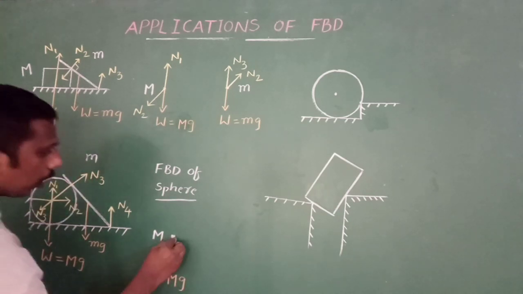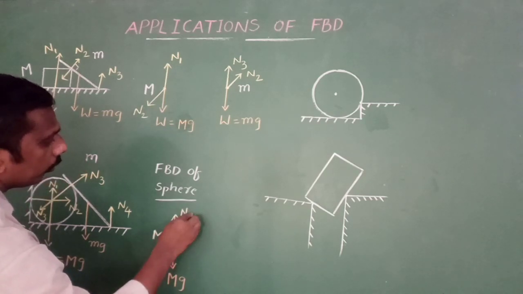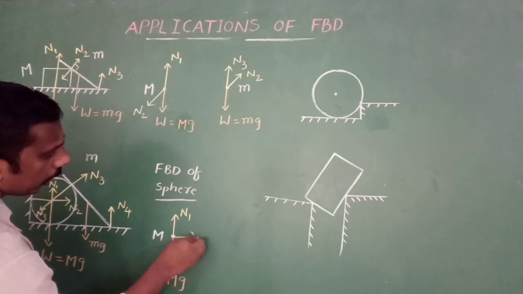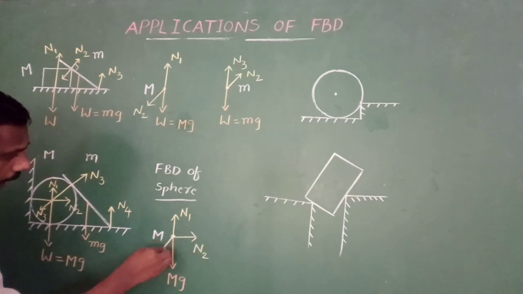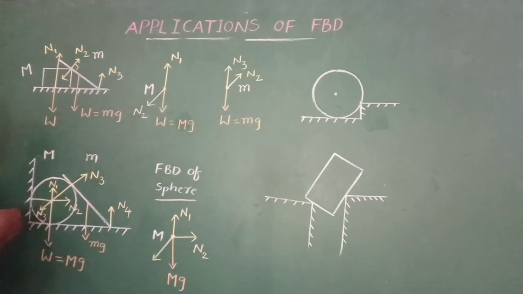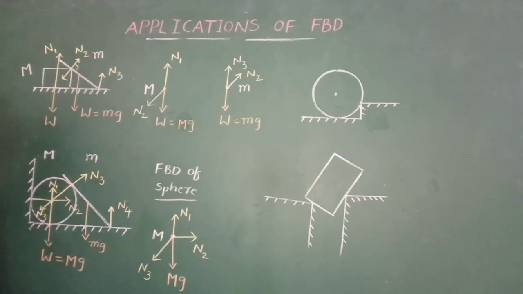Normal reaction N1 is acting in this direction. In this direction N2 is acting, and N3 is acting like this. This is the direction of N3.